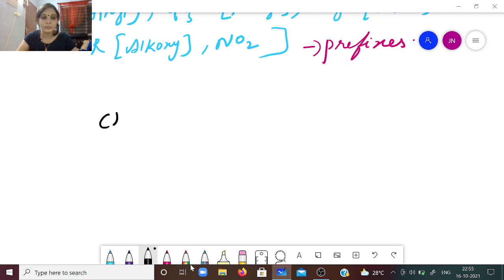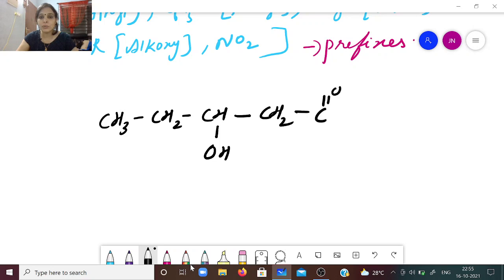Okay. Now one more example I'll show you. CH3, CH2, CH, OH, CH2, C double bond O, CH2, CH3. In this you can see two functional groups, that is OH and C double bond O, where this is the most important.